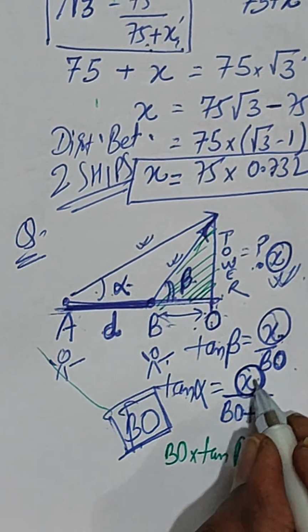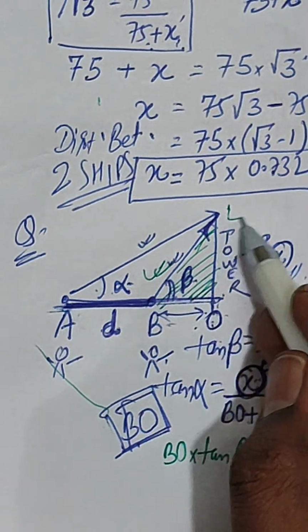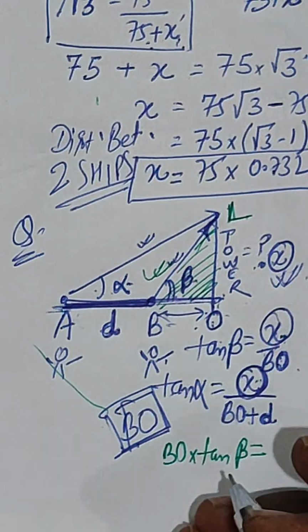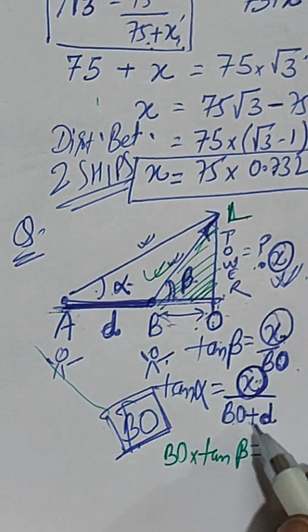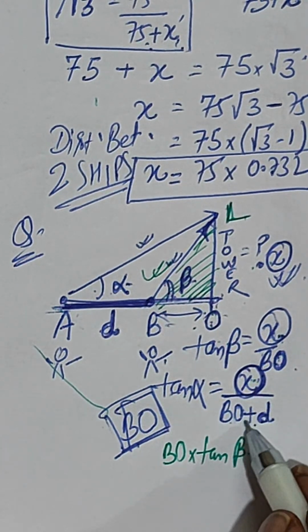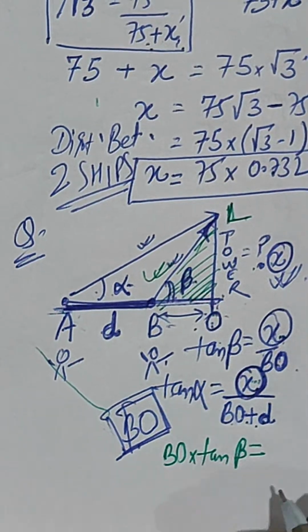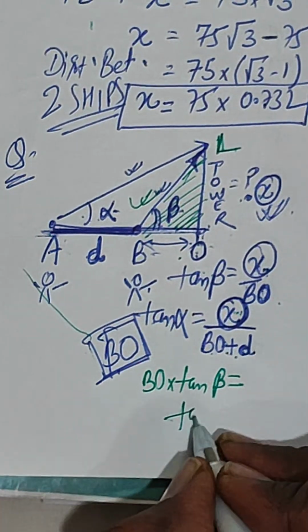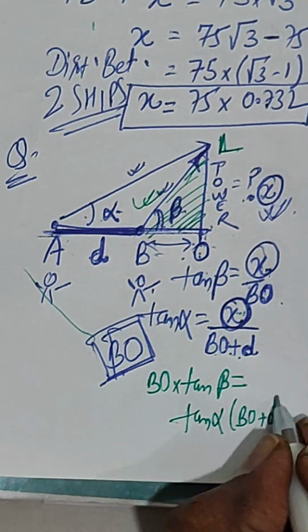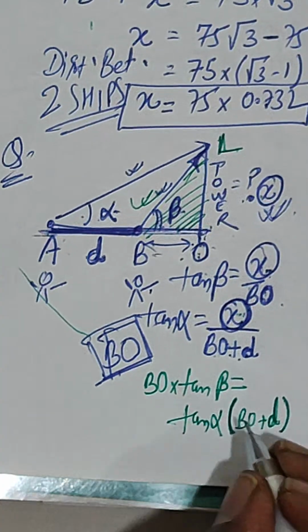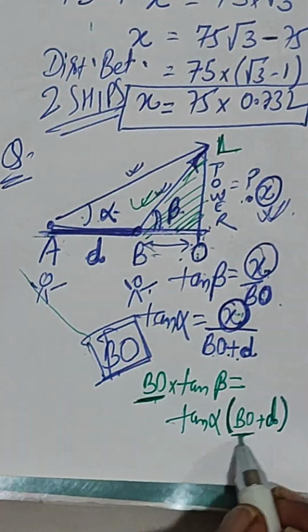And this should be equated with, if you consider the bigger triangle, this one AOL, let us say, then tan alpha is x by BO plus D. From here, the value of x is again compared, and it is tan alpha times BO plus D. So from here you get the value of D, which is acting as a variable over here.